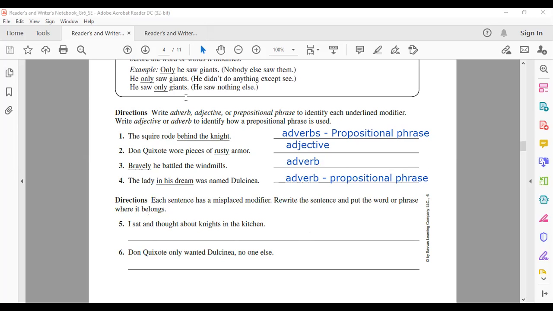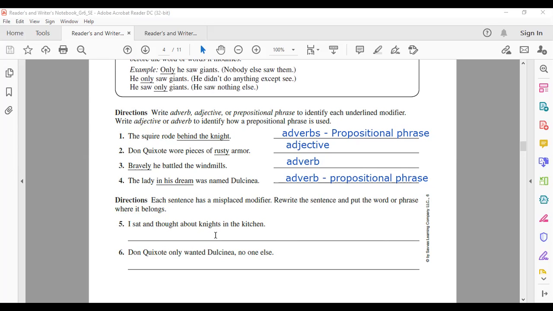Watin, number 5. Read the question, please. Each sentence has a misplaced modifier. Rewrite the sentence and put the word or phrase where it belongs. I sat and thought about nights in the kitchen. Now we want to fix it, okay?